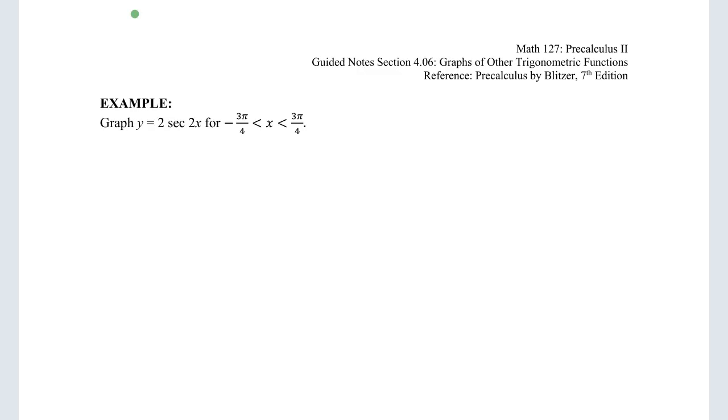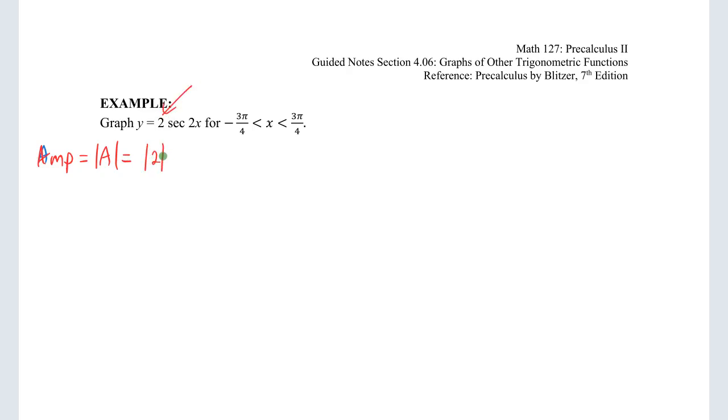All right, I'll start by identifying the amplitude. So amplitude here, we have 2.